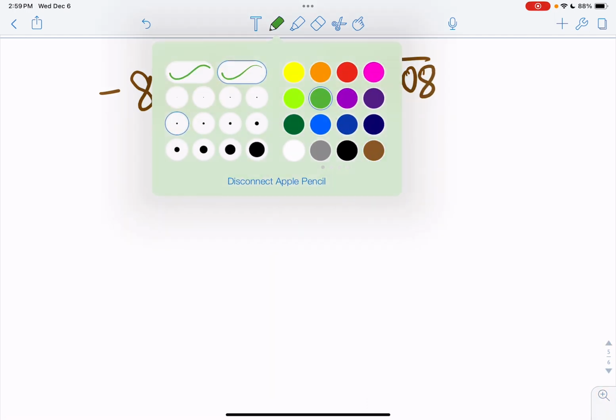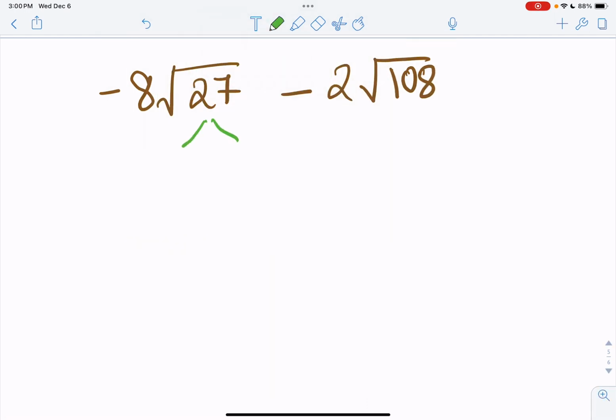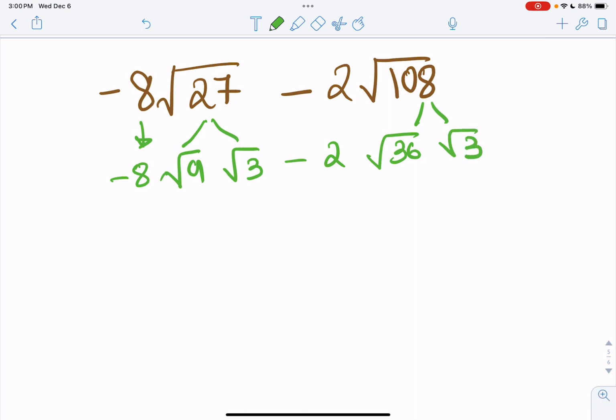So now I will start with simplifying my radicals. Radical 27 is radical 9 times radical 3, and 108 is radical 36 times radical 3. Negative 8 times 3 radical 3, because we cannot forget the original coefficient that was there, which gives us negative 8 times 3, which is negative 24 radical 3.